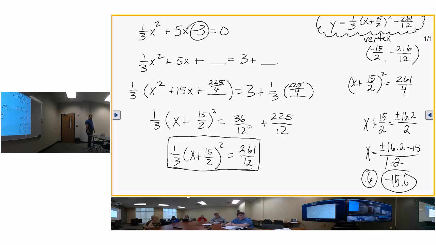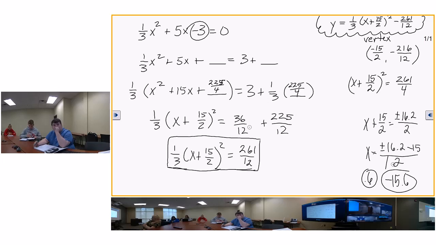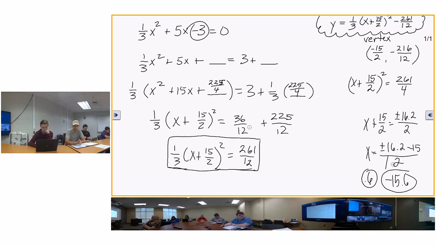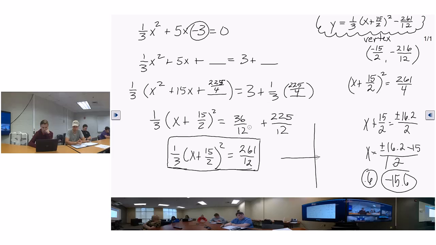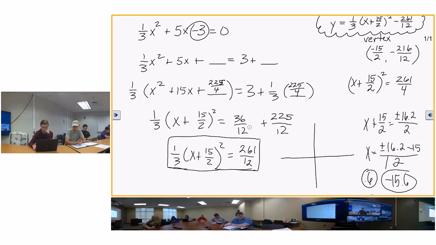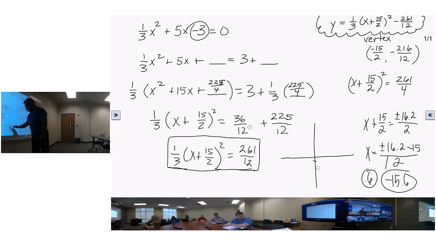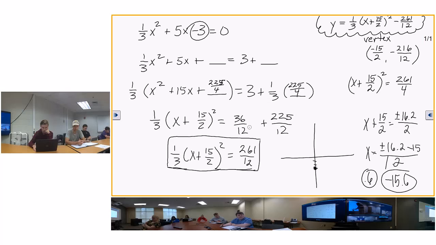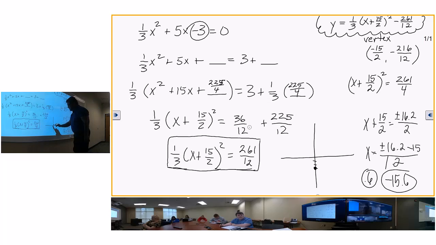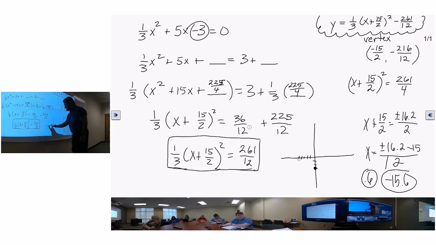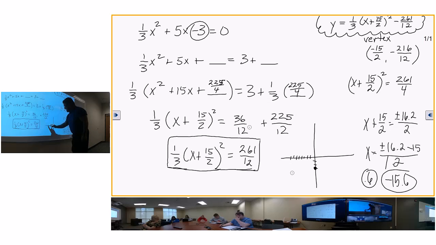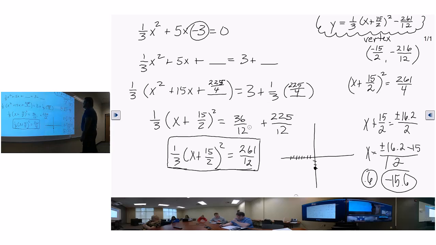And when you sketch it out, you should see everything line up. Zero, -3. -7.5. 1, 2, 3, 4, 5, 6, 7, 8. 7.5 is right in there.